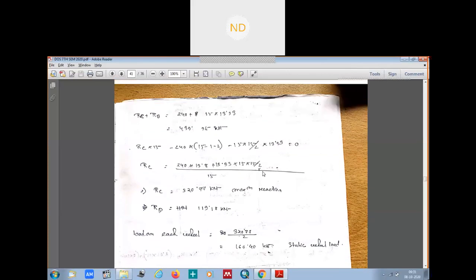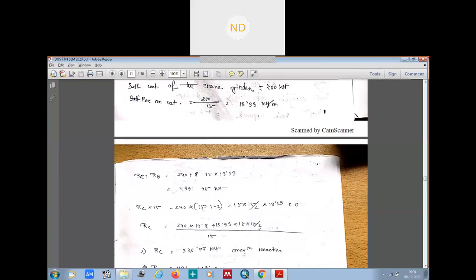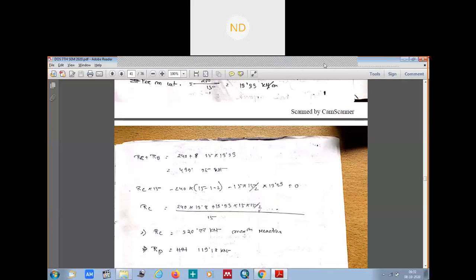If I draw this, this is our crane girder. These are the reactions from the support.